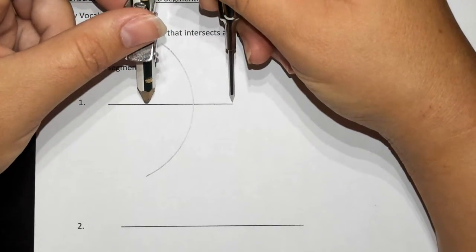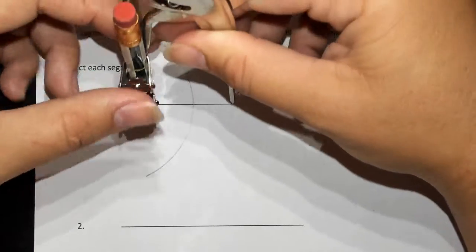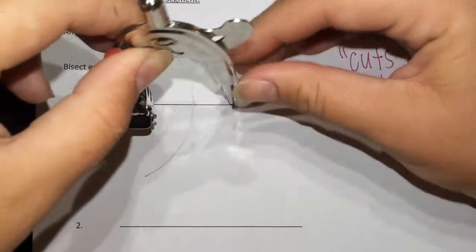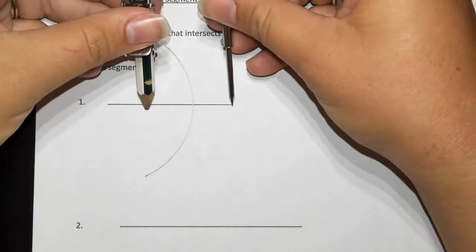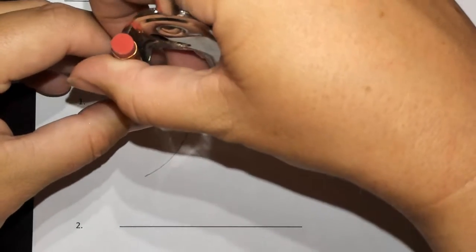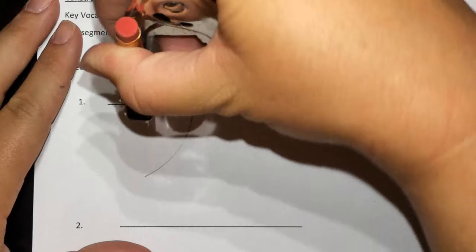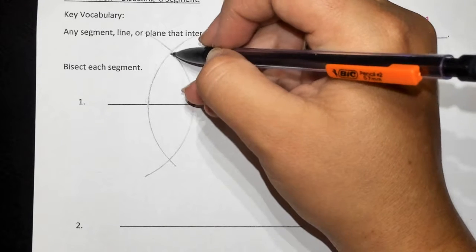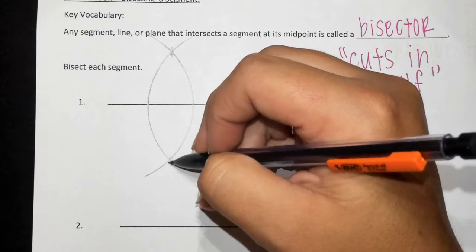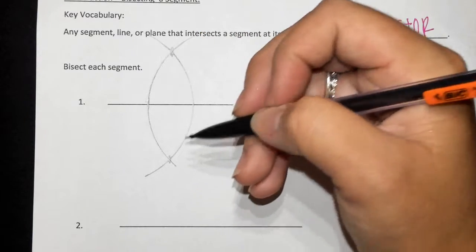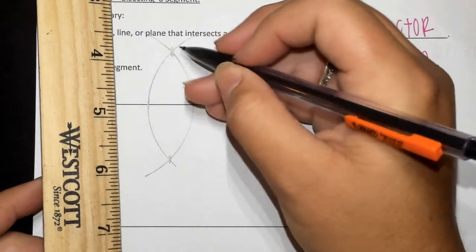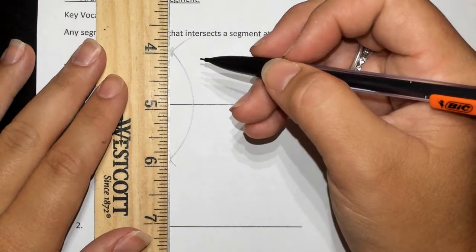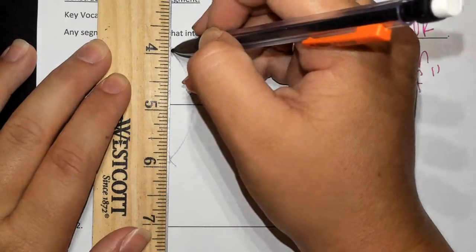Go to the other side and do the same thing. Did your arcs collide? Good. Right here, do you see how these 2 points are right on top of each other? So where they collide, I put a dot. Now take your ruler and draw a line from one point to the other.